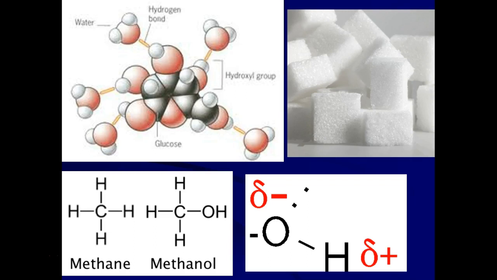And it turns out hydroxyl groups, because you have a covalent bond between an oxygen and a hydrogen, that's an unequal sharing of electrons. The electrons like to spend more time around the oxygen, less time around the hydrogen, so we get a partial positive charge near the hydrogen and a partial negative charge near the oxygen. And because of that, it's polar.